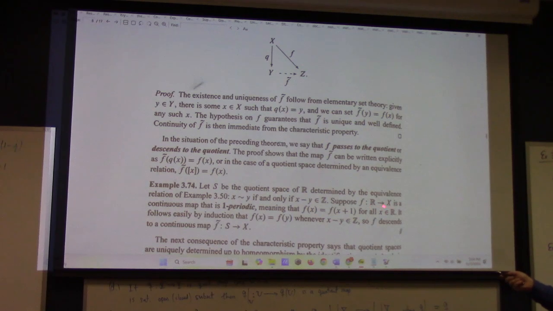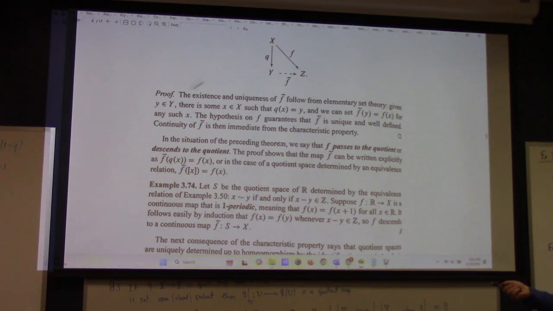If we have f going from R to X, a continuous one-periodic map, meaning that f of x is equal to f of x plus 1. If that's the case, you can easily prove by induction that f is equal on, you know, a whole grid of numbers which differ by just integers, right? Like x plus Z would be the set. You know, f of x plus Z is equal to f of x, is what I would say.